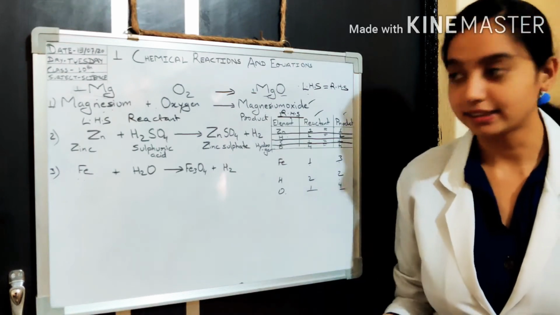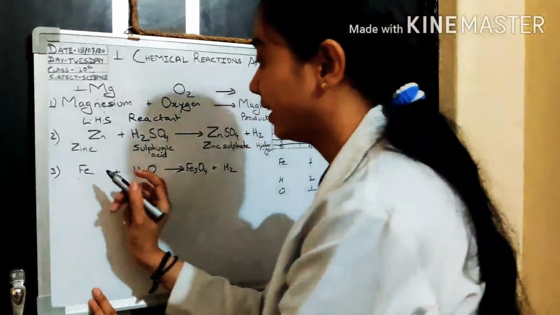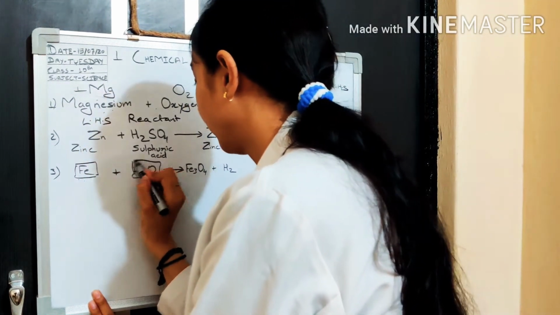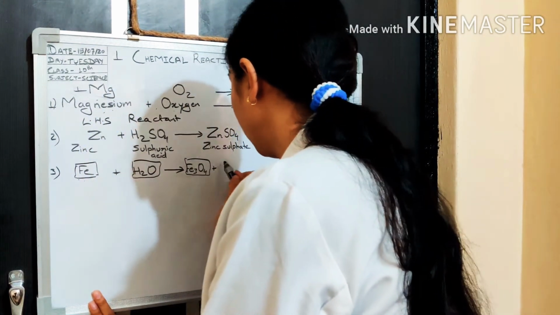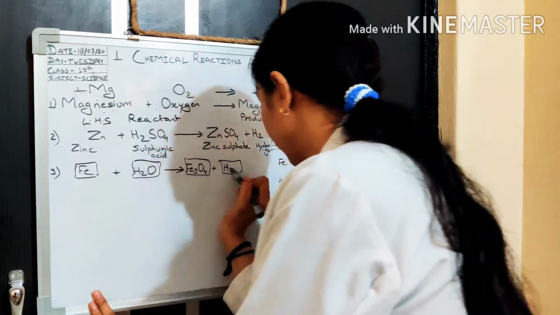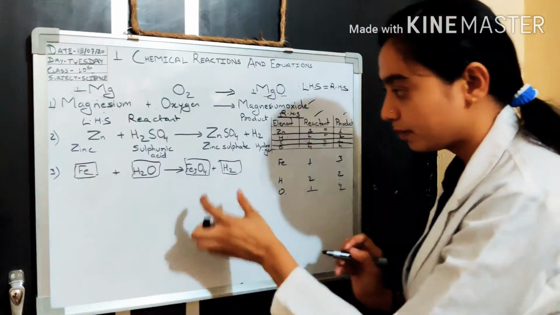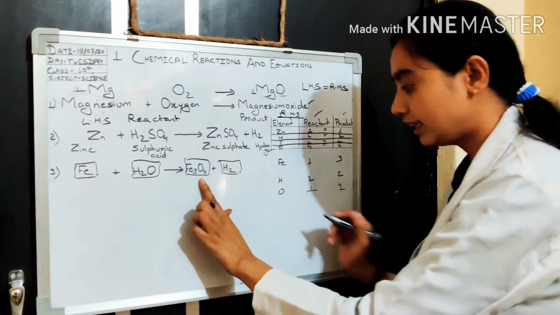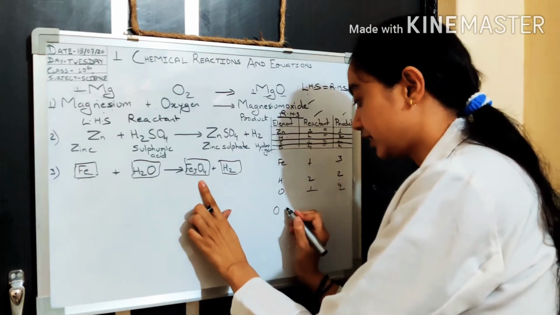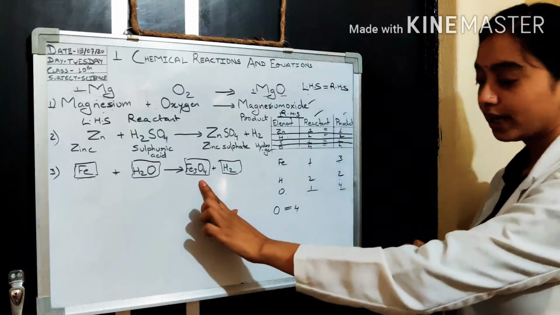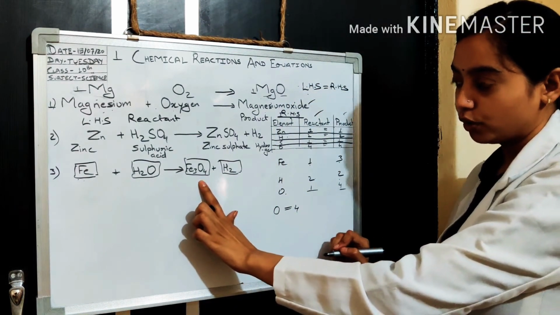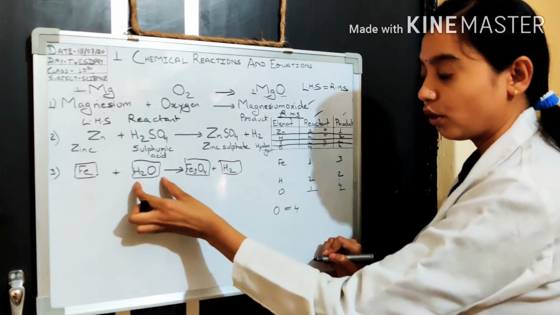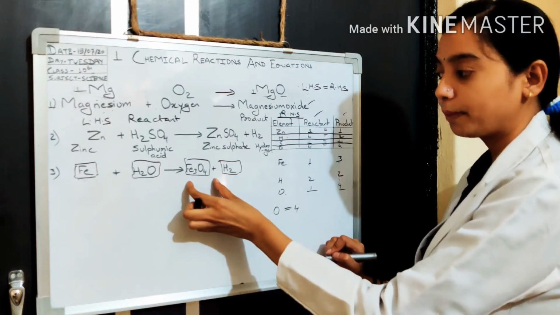So how do we balance this reaction? First of all, to balance the reaction, we should take all the atoms of all the reactants in a box. Now pick the atom whose number is largest. The oxygen atom number is largest. It is 4. So we have to put oxygen atom 4 here so that it can become equal to the product.